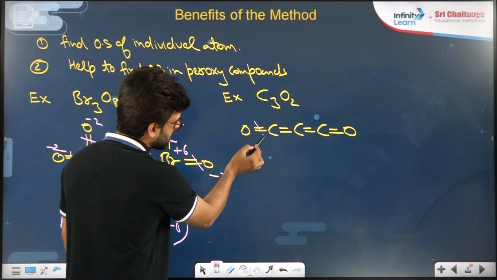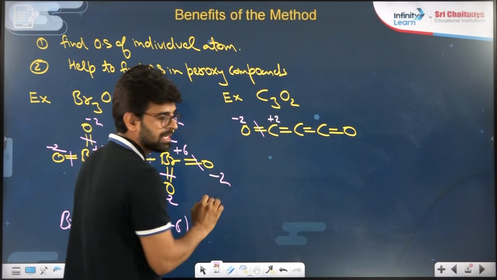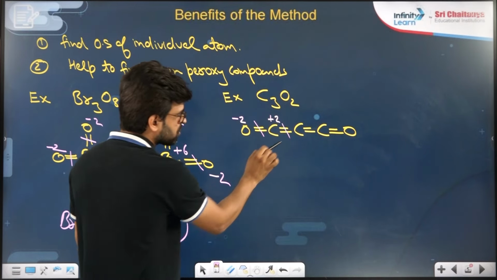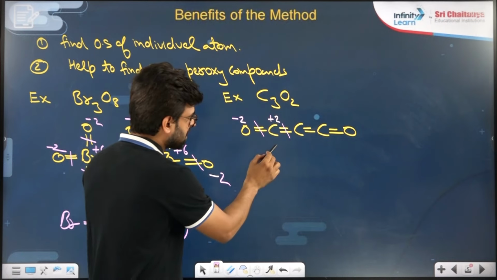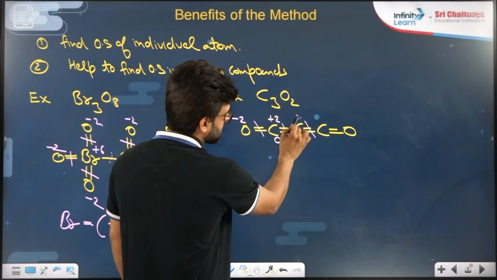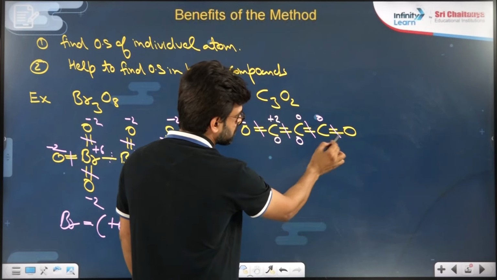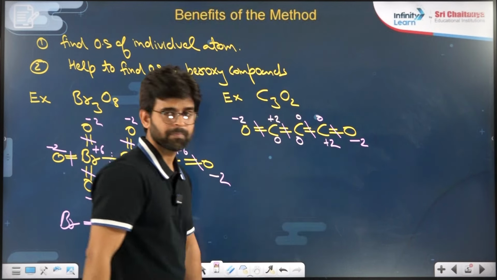If I break this one, I get -2 and my carbon got +2. These two bonds are between the same atoms, so I am breaking two bonds but both are between the same atom, 0, 0. Here too, 0, 0. Here, two bonds I am breaking, oxygen got -2, carbon got +2.